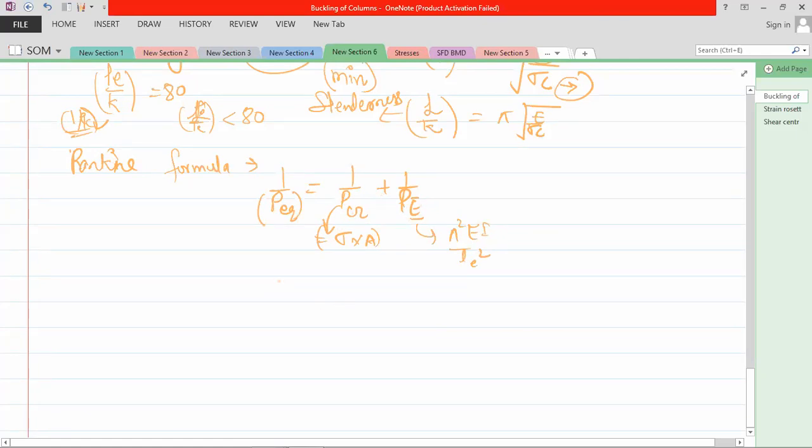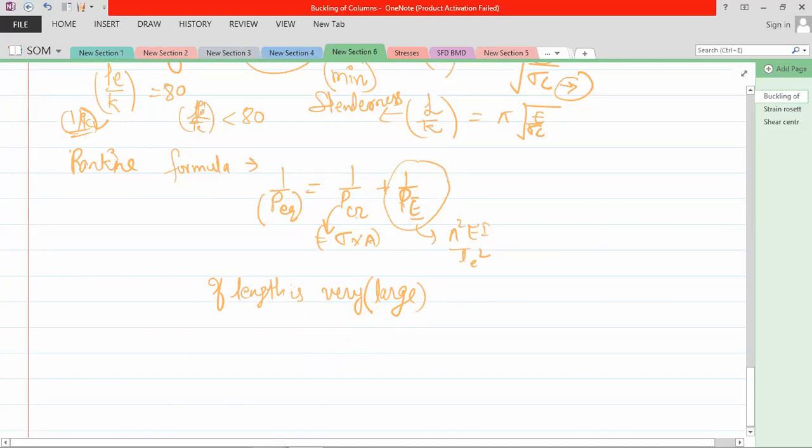So what is the meaning of this? If your length is very large, then what will happen? I will put it this way, I hope this will make you understand. If your length is large, then P Euler is small, but 1 by P Euler will be a greater value.